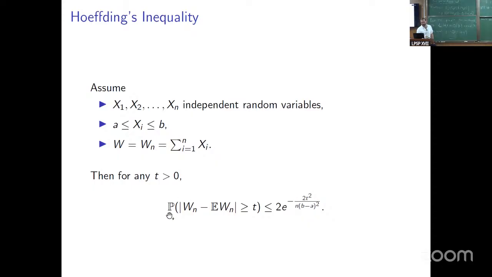But if you think about this, the standard deviation of this is like square root of n, right? And so really, I should be dividing this by square root of n, which is the same as multiplying t by square root of n.